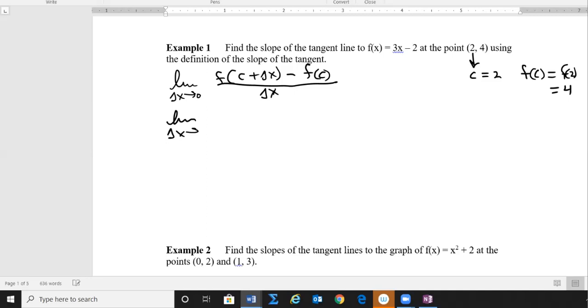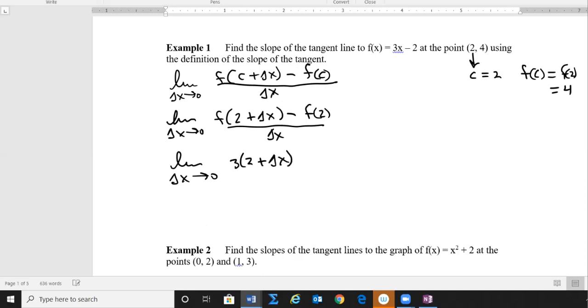Delta x heads to 0. We have f of c plus delta x, so I have f of 2 plus delta x minus f of 2 over delta x. So that will then simplify to, using my function now, 3 times 2 plus delta x minus 2, and then minus f of 2.